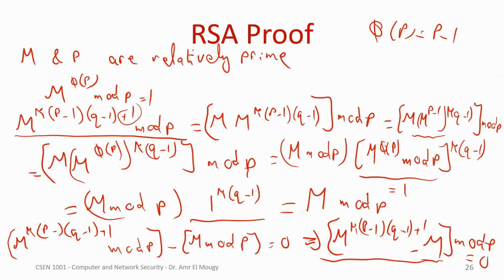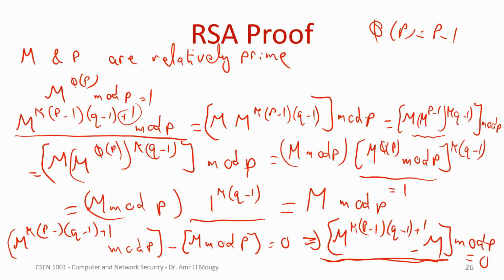So now you have this value, P divides it and Q divides it as well by the same reasoning. That means that M^(K(P-1)(Q-1)+1) minus M mod P is equal to 0, and M^(K(P-1)(Q-1)+1) minus M mod Q is equal to 0. So P and Q both divide this value.